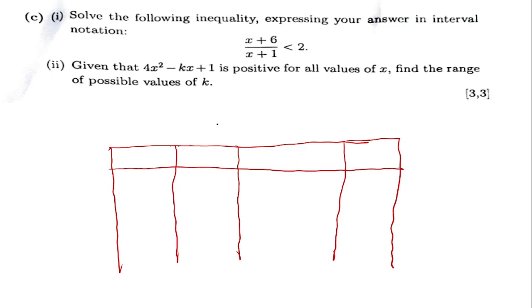The smaller one is negative 1, the bigger one is simply 4. So here you say x is less than negative 1, then x is in between those, and then x is greater than 4.